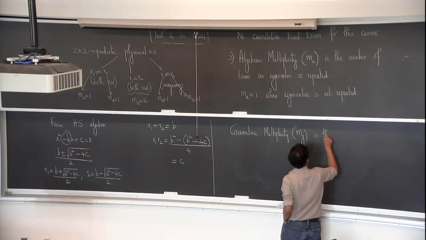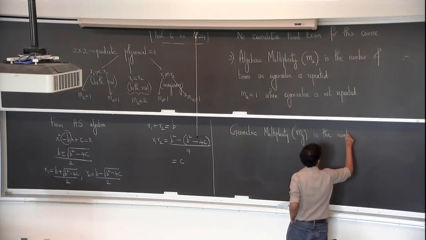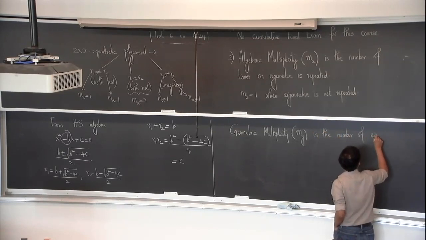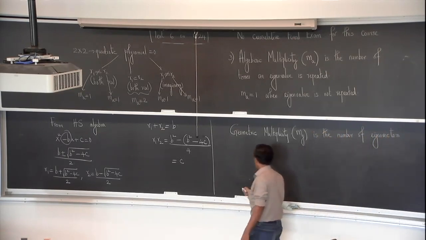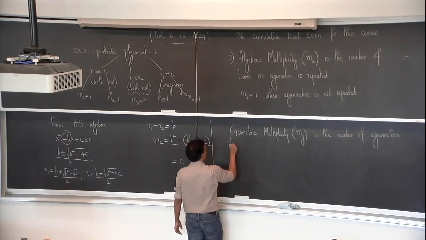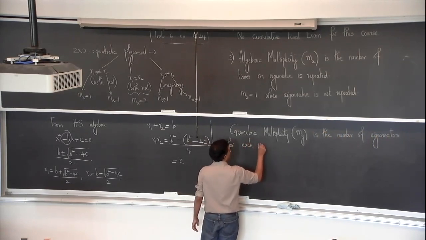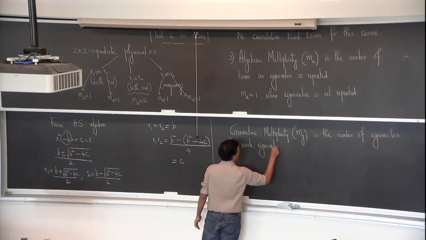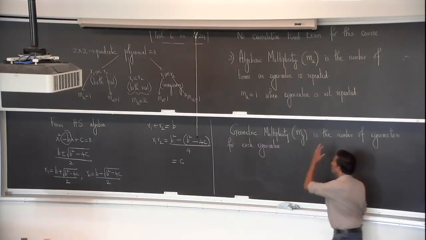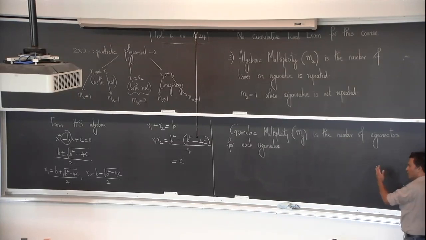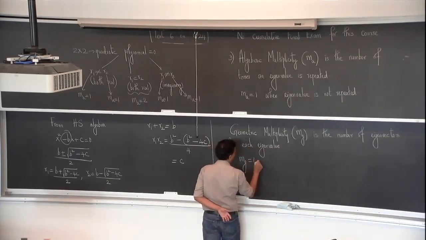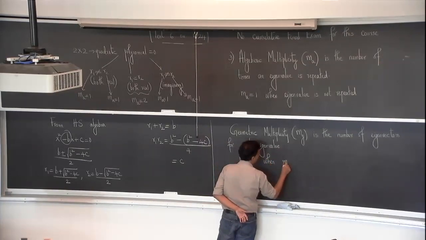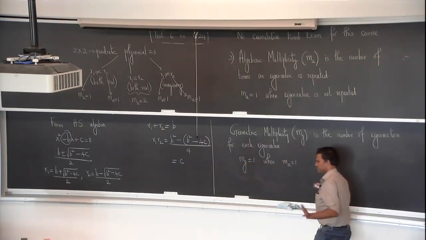This is the number of eigenvectors, or it's a number of free variables. It's a number of eigenvectors for each eigenvalue. Both these concepts, the algebraic and geometric multiplicities, are an issue when there are repeated eigenvalues. So the default value is 1. So mg equal to 1 when ma equal to 1. Always.